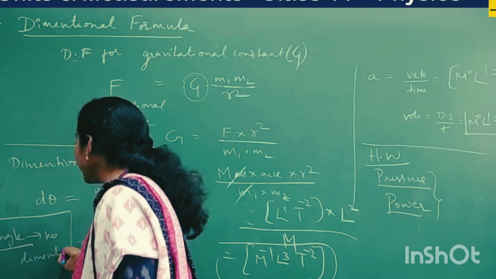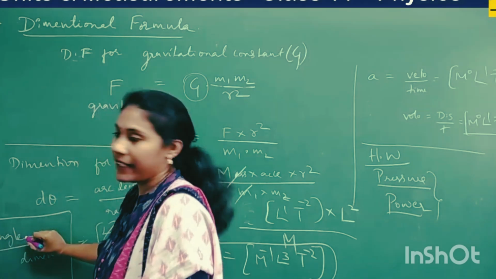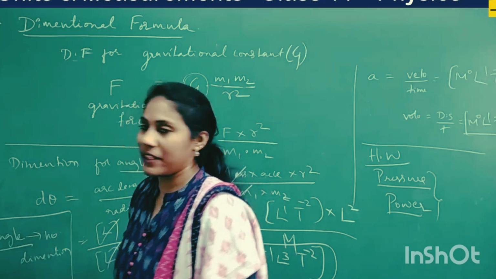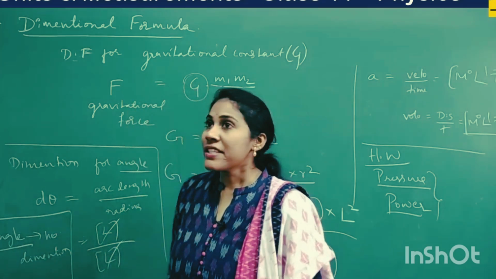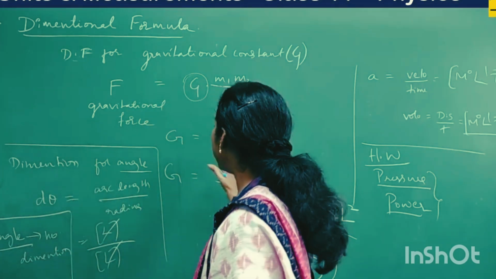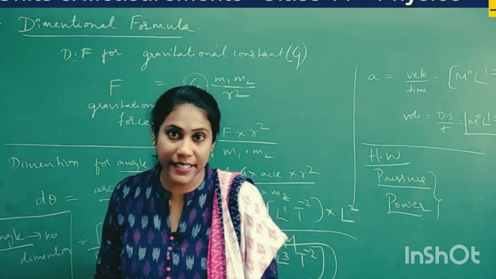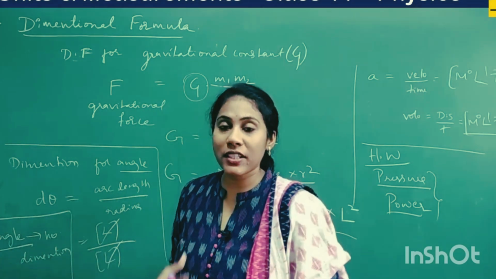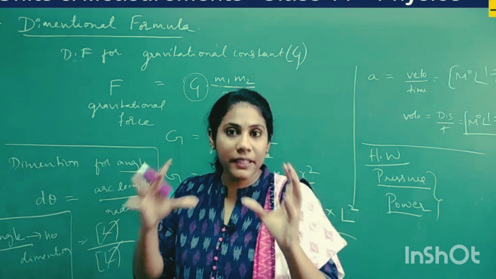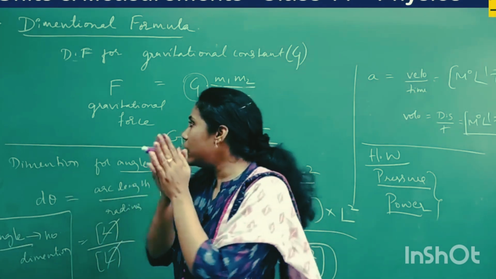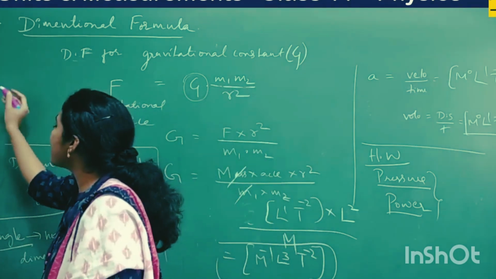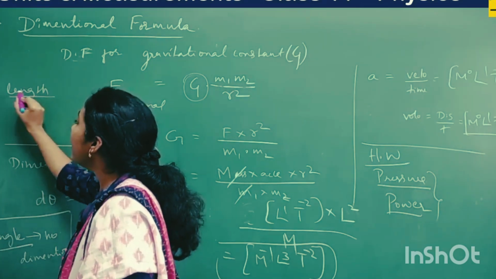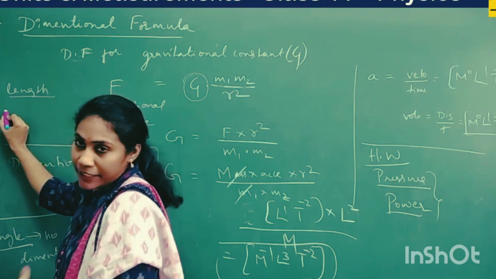It has a unit. Angle has a unit. What is that unit? Radian. But it does not have a dimension, right? See, for a particular physical quantity, you can have more units, right? But dimension can be only one. Dimension can be only one. Remember, this is very important for a particular physical quantity. Say for example, you have a length. Length can be written in many units.